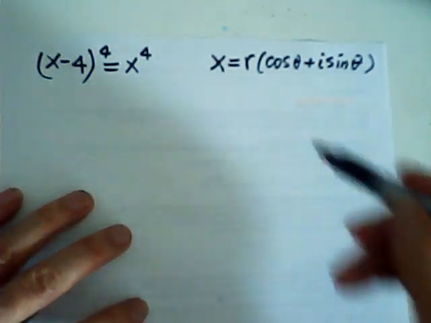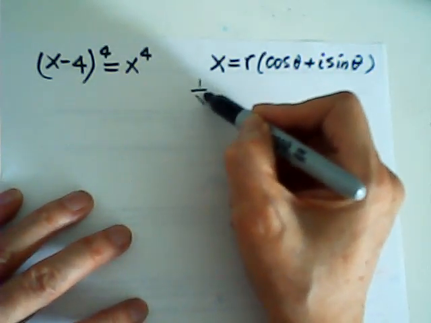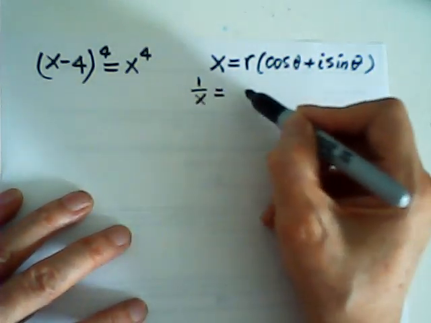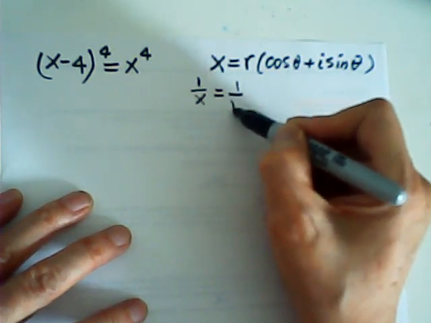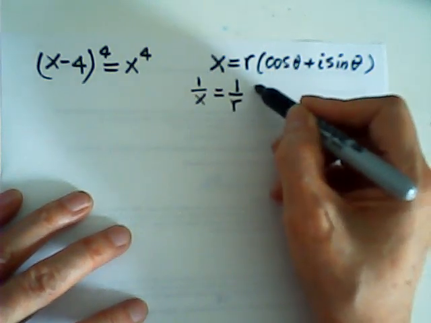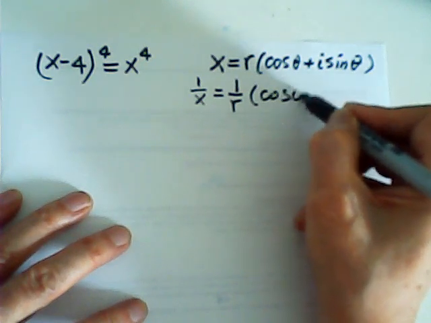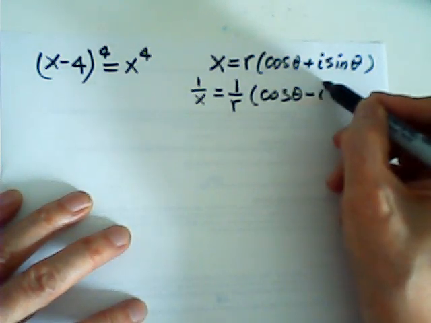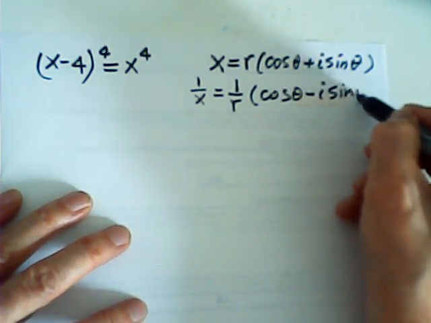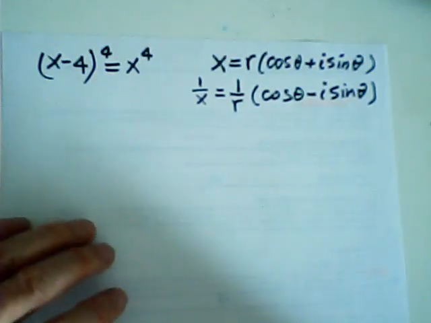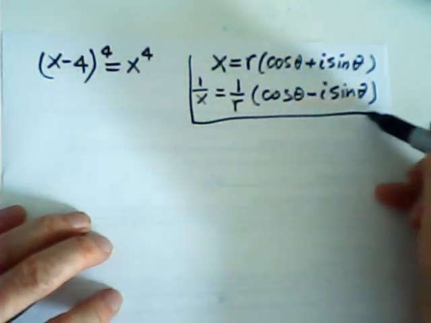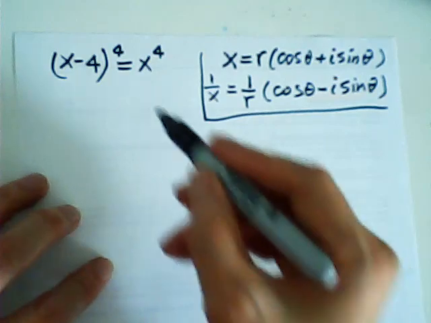Good. Then 1 over x will be 1 over r times cosine theta minus i sine theta. Good. So this is my assumption.